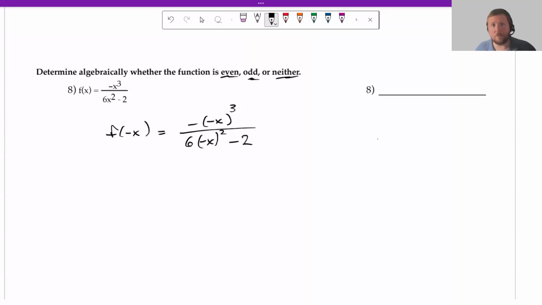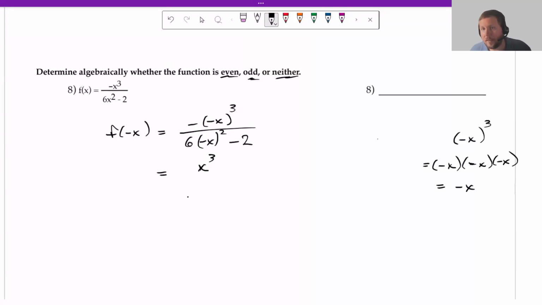Okay, so I have dropped in a negative x in place of x everywhere. And the first thing I need to do is simplify. So the top simplifies to x cubed, because negative x cubed, so just some side work. If I have negative x cubed like that, remember that's negative x times negative x times negative x. So I have an odd number of negative signs, which means I'll have a negative result.